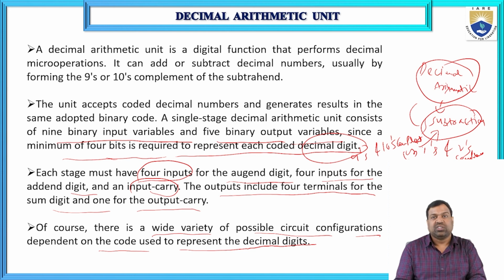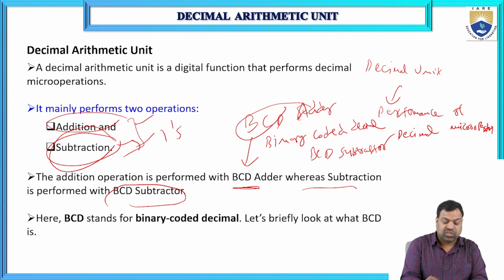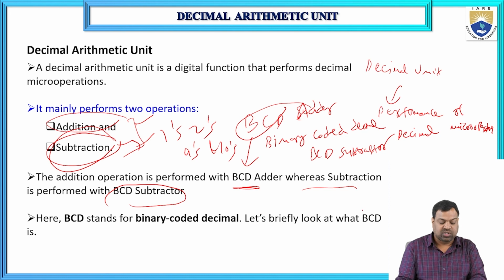For subtraction we have the subtractor and subtrahend, but for this purpose I have to take 1s and 2s complement or 9s and 10s complement. Majorly in the decimal arithmetic unit we perform addition and subtraction.